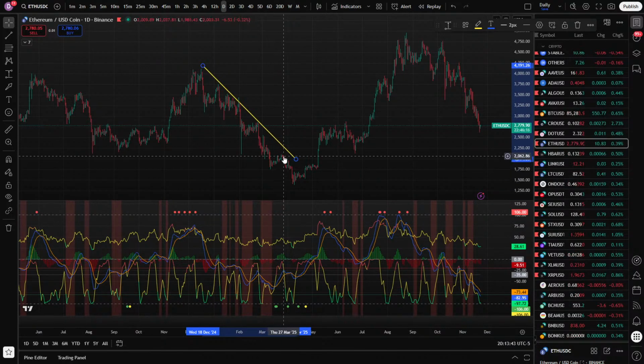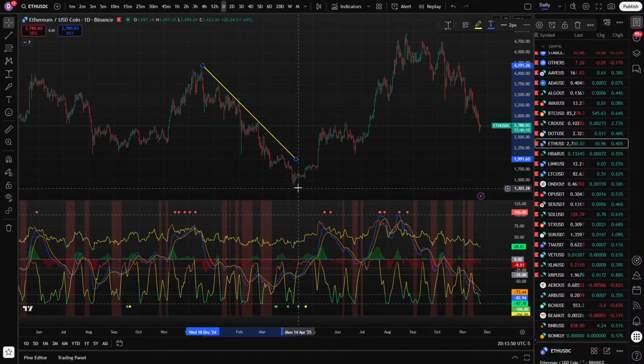The price came back up, but it just wasn't enough to get a gold dot. We dropped back down, price was satisfied over here, and then we ripped up. So this is one of my favorite charts to look at when I have to modify any of the settings in the indicator.